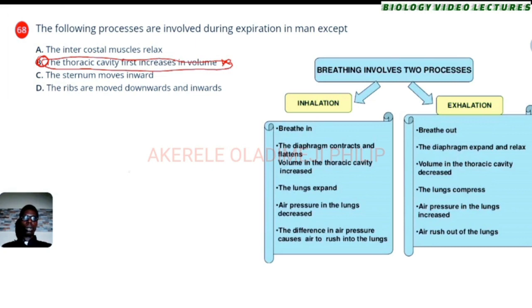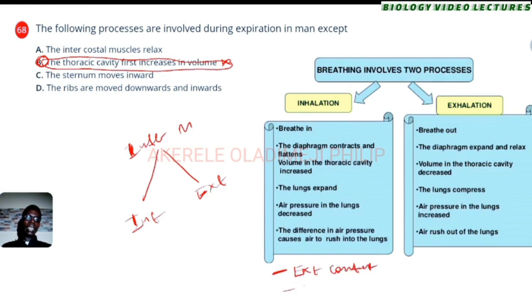Now, these intercostal muscles, we have two types: the internal intercostal muscle and the external. In reality, let me tell you what happens. When you inhale, your external intercostal muscle contracts, and the internal one relaxes.